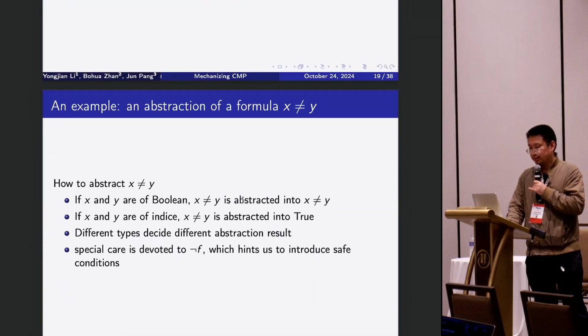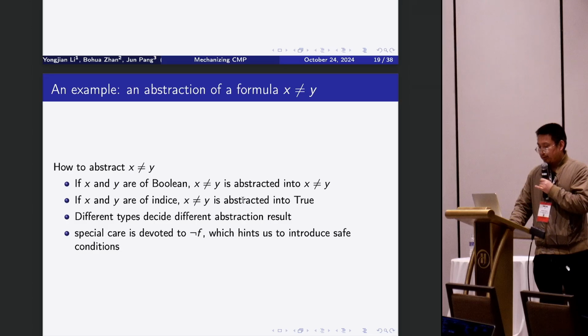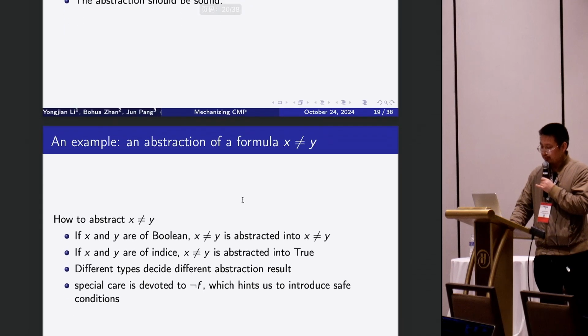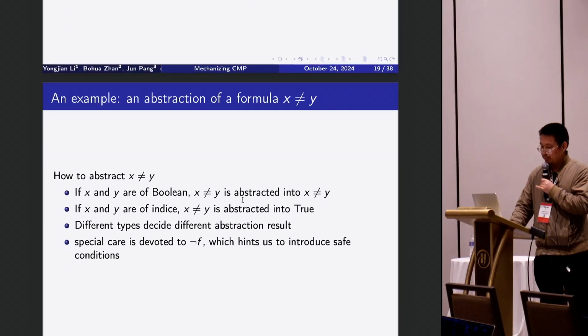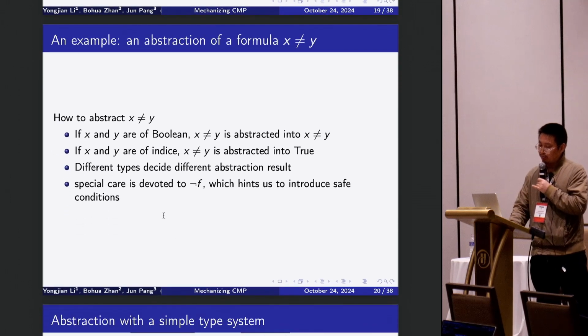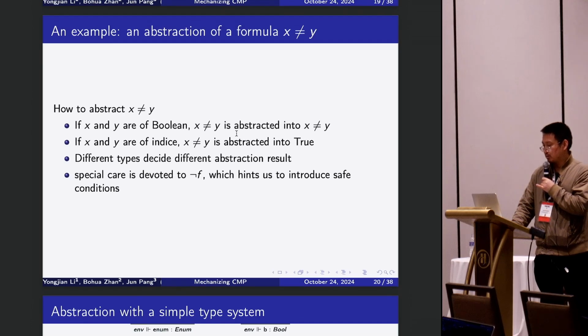We use an example to show how to obtain the three principles. For how to abstract x is not equal to y, if x and y are Boolean variables, x is not equal to 1 can be directly abstracted into x is not equal to 1.